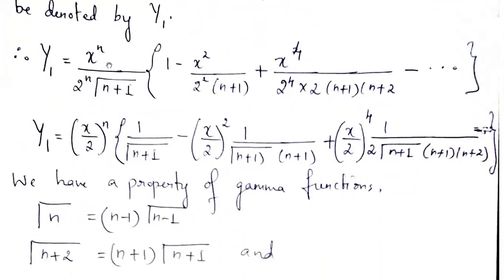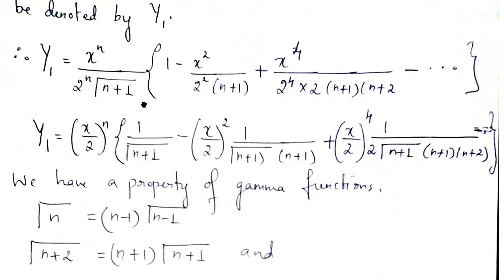Now x power n divided by 2 power n, combining these two terms together, I get x by 2 whole power n. Then I'll take this gamma of n plus 1 inside the parenthesis, so it becomes 1 by gamma n plus 1. Here I will combine these two terms, x square by 2 square can be written as x by 2 whole square.